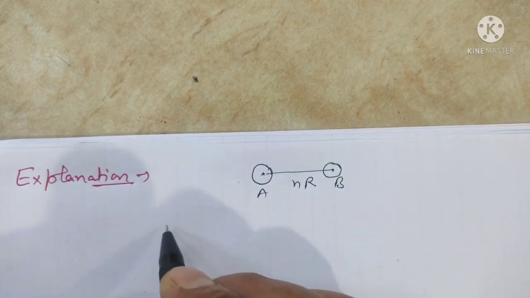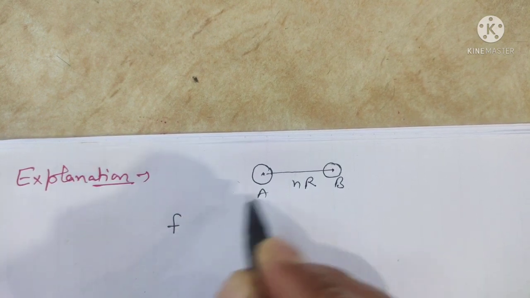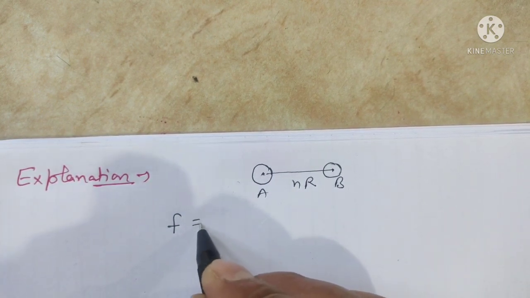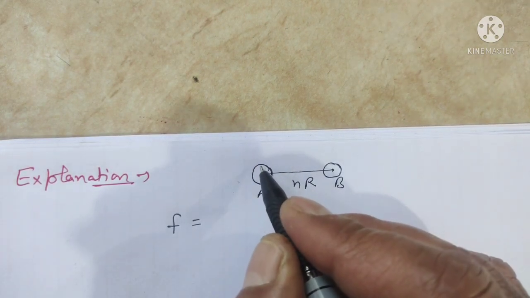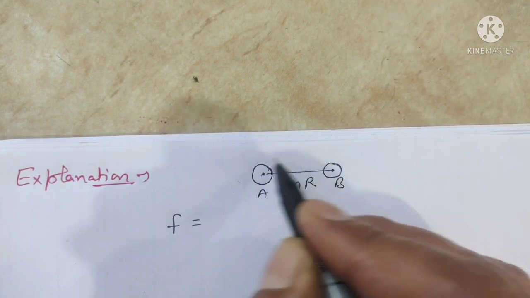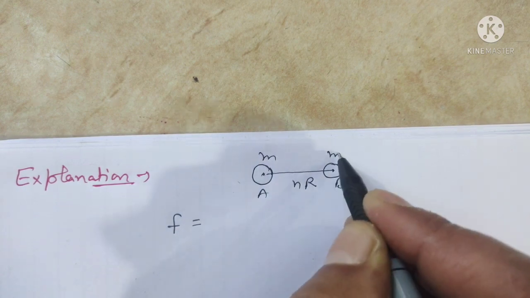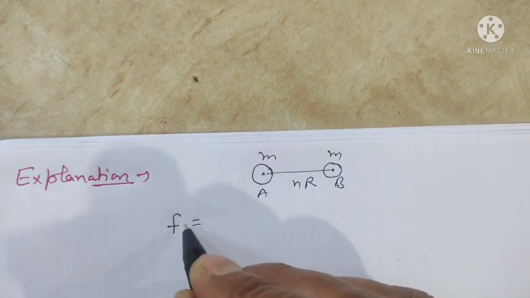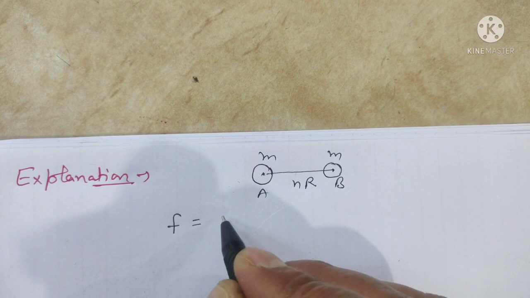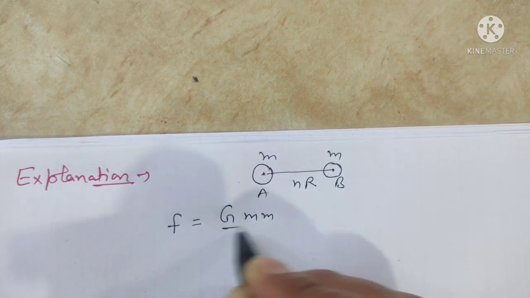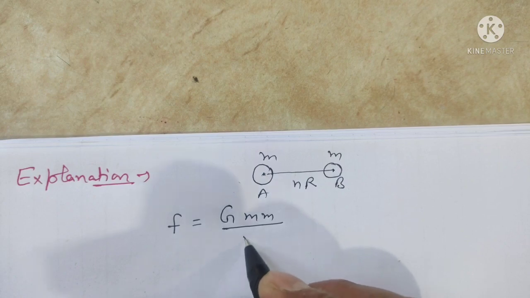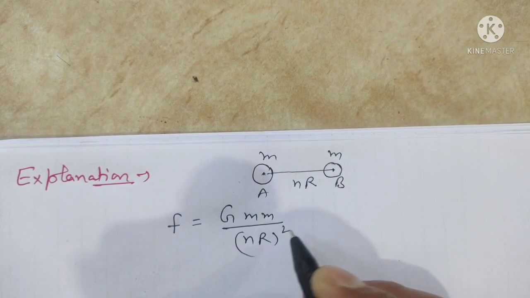Then the gravitational force of attraction between these two spheres, let us suppose the mass of both the spheres is the same, m. Then the force of attraction between these two spheres is G m m over (nr) square.